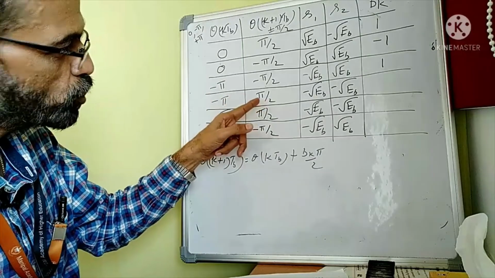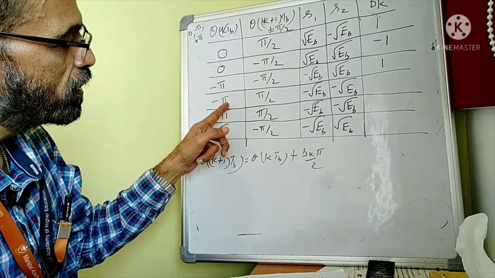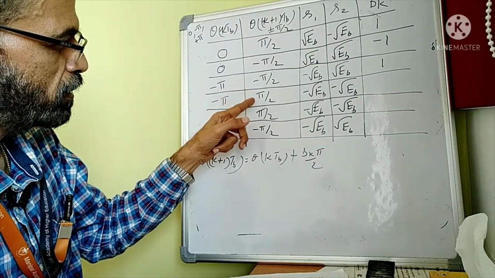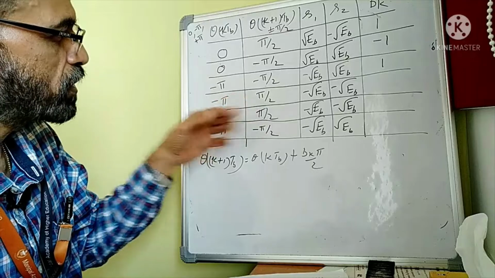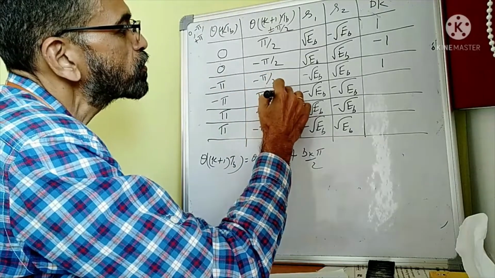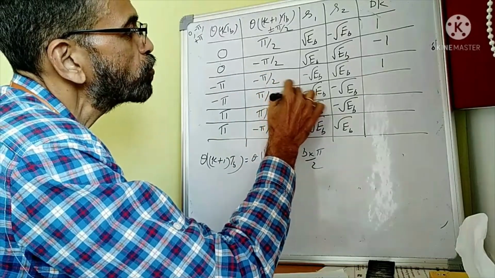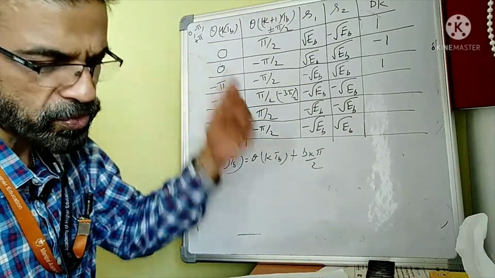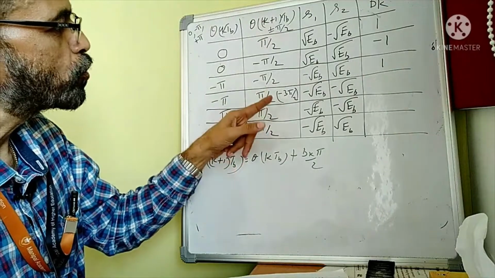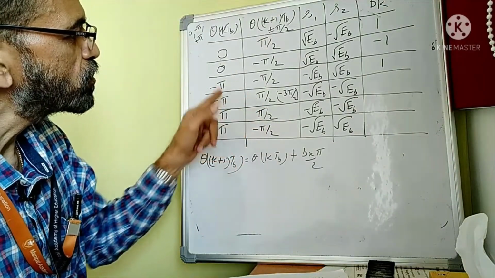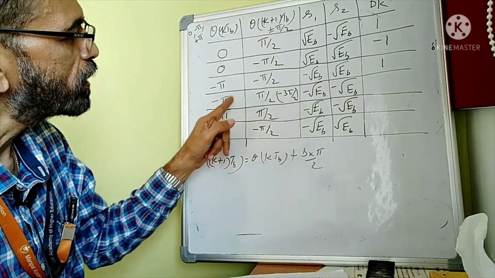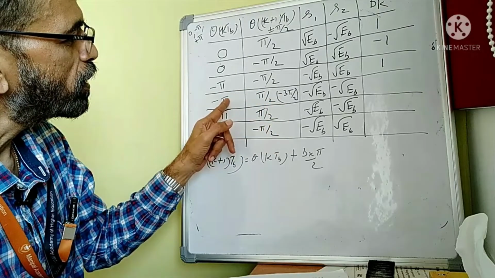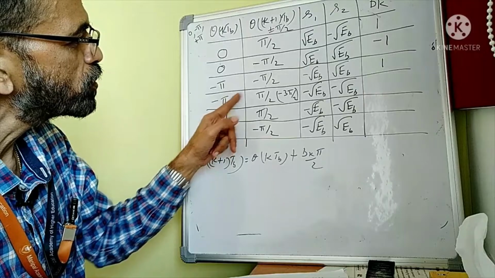Minus pi to pi by 2 seems like a transition which may not happen, but still remember that pi by 2 is minus 3 pi by 2 modulo 2 pi, which means that this is actually a decrease by pi by 2, because if you add minus pi by 2 to this, you are going to get this.